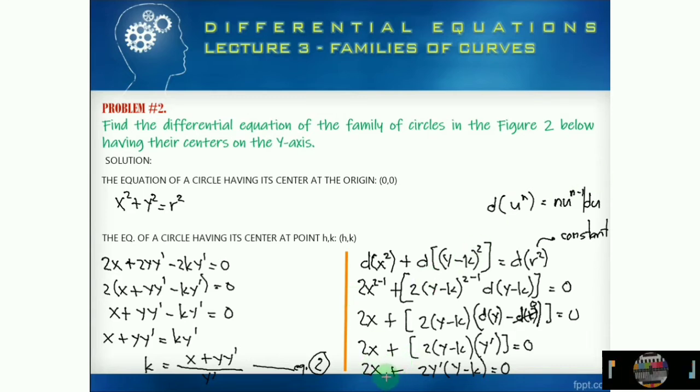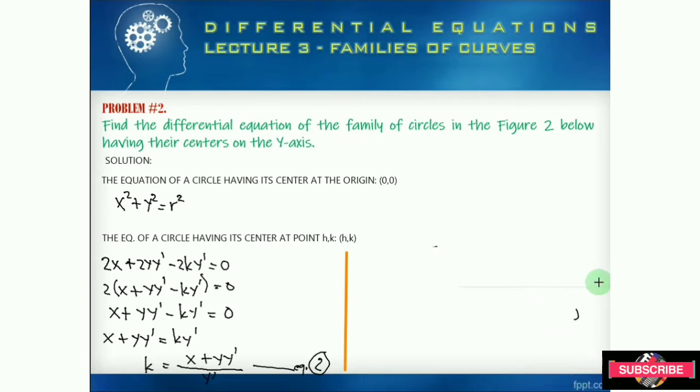Substituting this one into equation number 1, from our previous equation number 1, which is x squared plus the quantity y minus k squared is equal to r squared. So this is now our equation number 1.